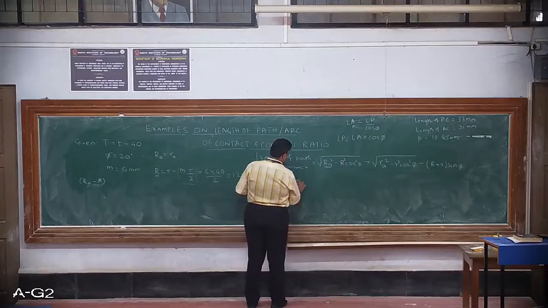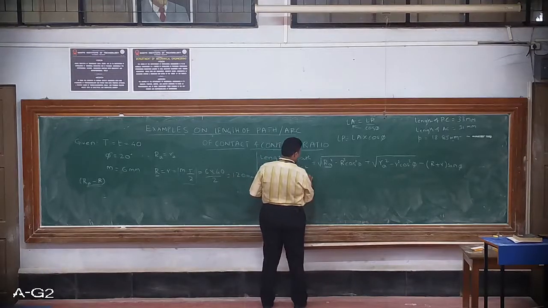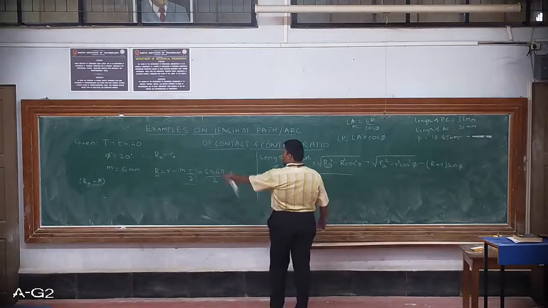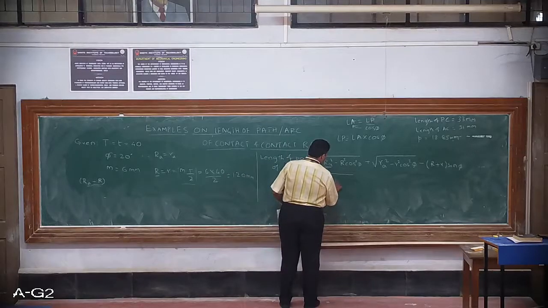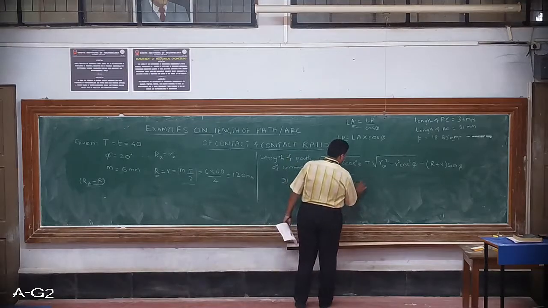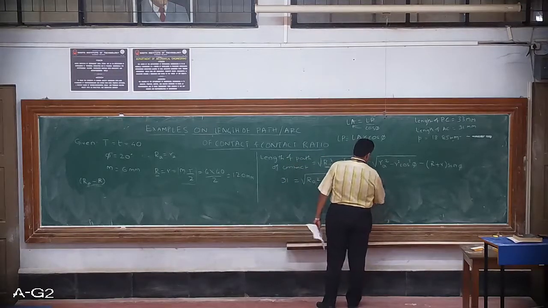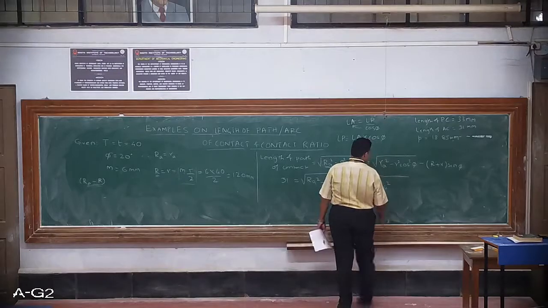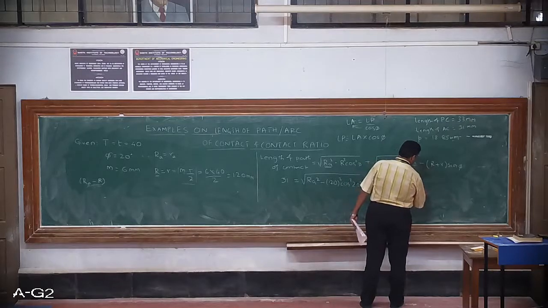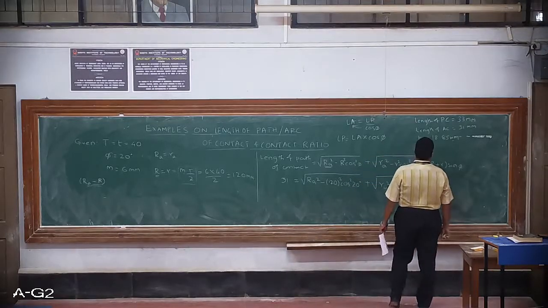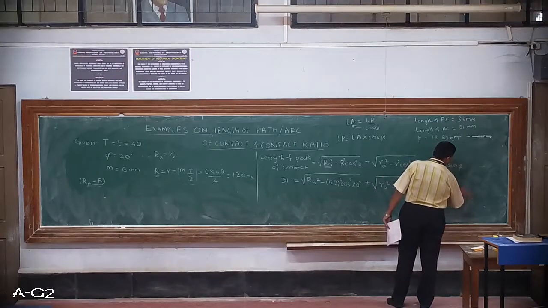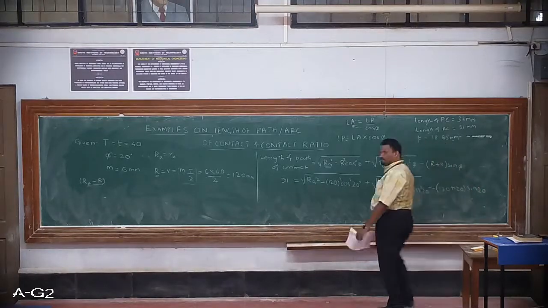So 31 is equal to root of RA square minus R square, where R we have calculated as 120, so 120 square cos square 20 degrees, plus root of RA square minus, this will also be 120 square cos square 20, minus capital R and small r, both are same, so it is 120 plus 120 sine of 20. Is that clear?